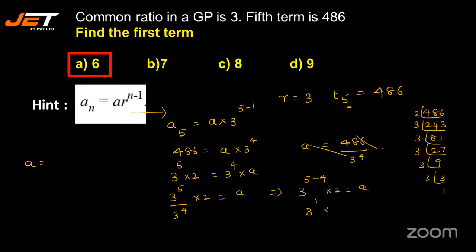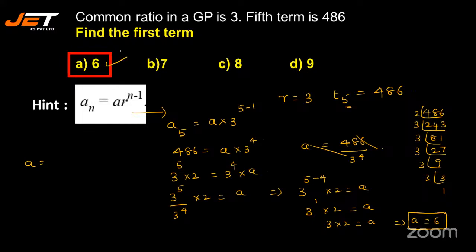So 3 power 1 into 2 is A. 3 power 1 is nothing but 3, into 2 is A, which implies A is equal to 6. That is how you have got the answer as 6.